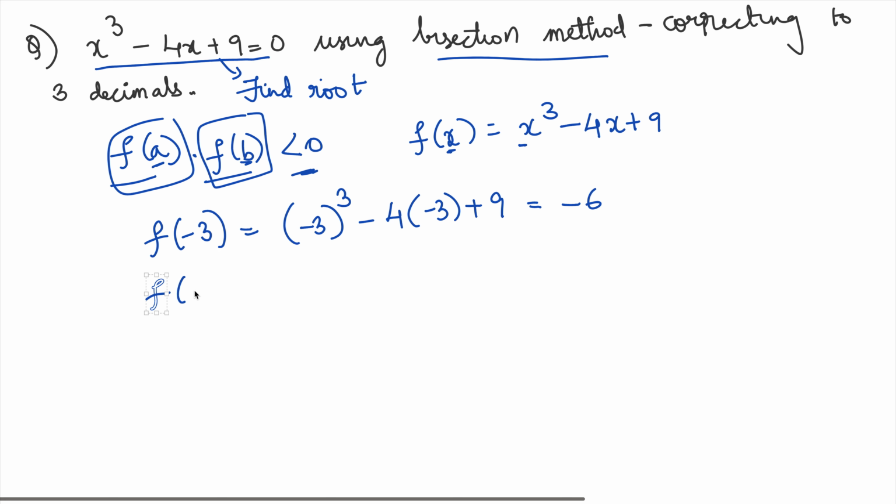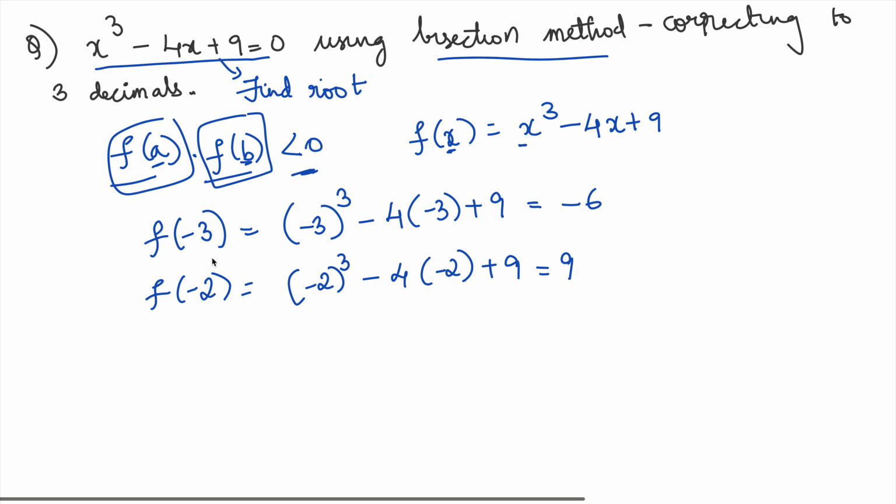Now let's see what is f of minus 2. F of minus 2 is minus 2 whole cube minus 4 into minus 2 plus 9. So this gives us 9, right? Minus 8 and plus 8 get cancelled, and we have 9.